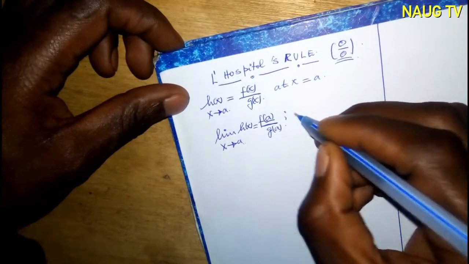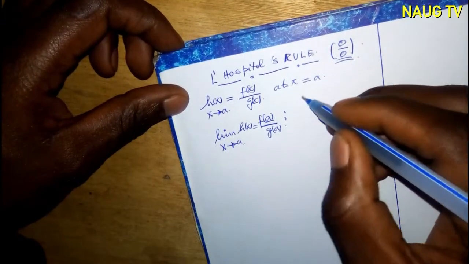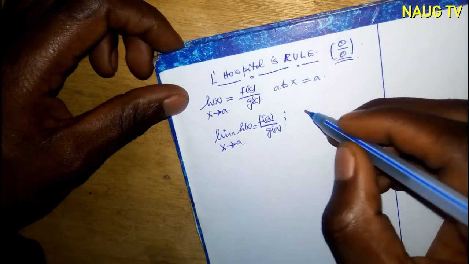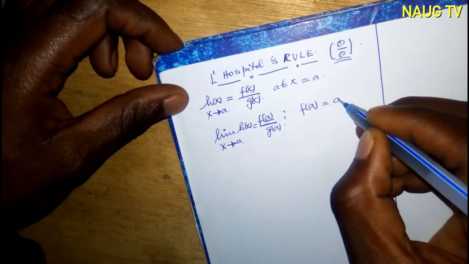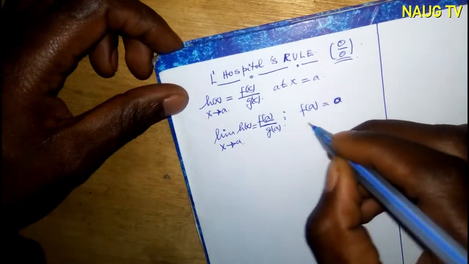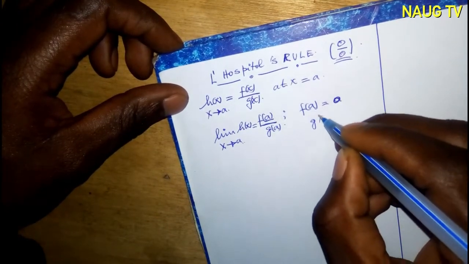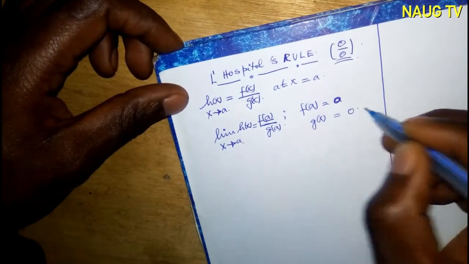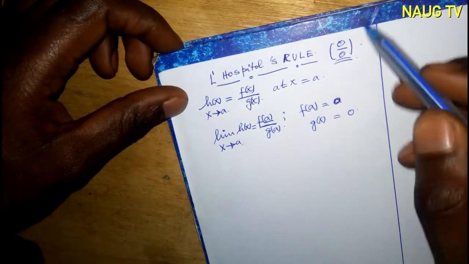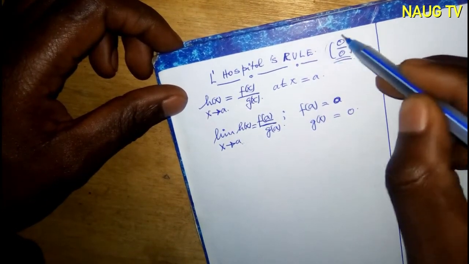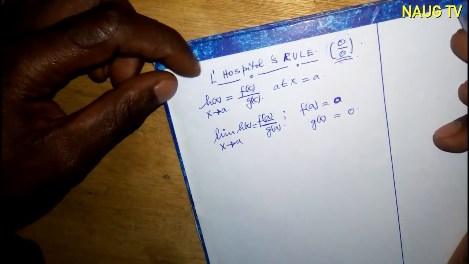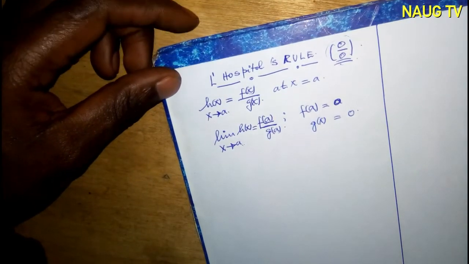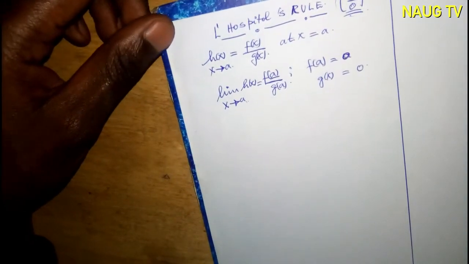And in this case, we have to see that f of a would be equal to 0, and also g of a would be equal to 0, in order to fulfill this condition, this 0/0 indetermination case.